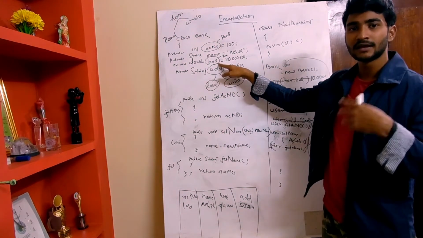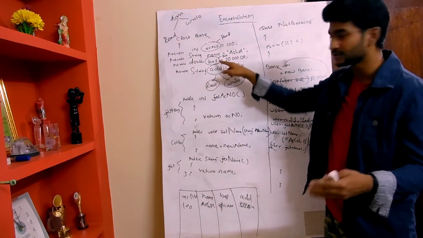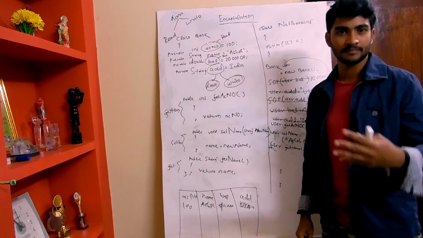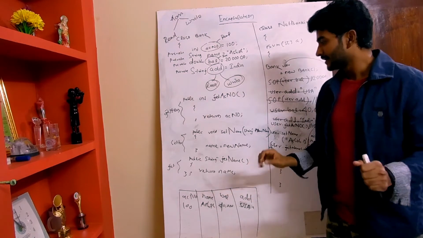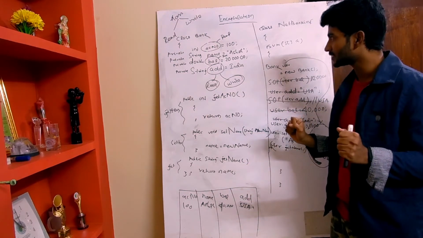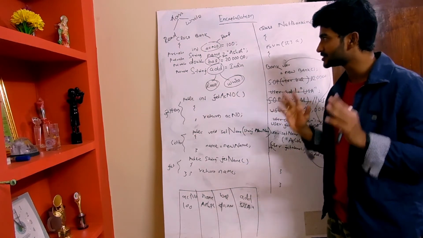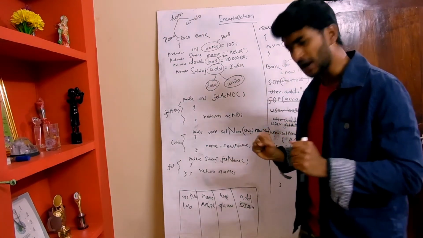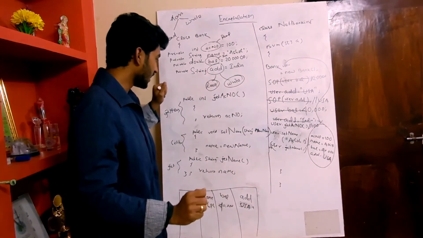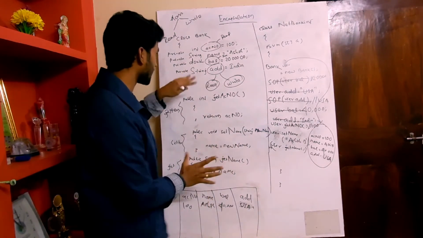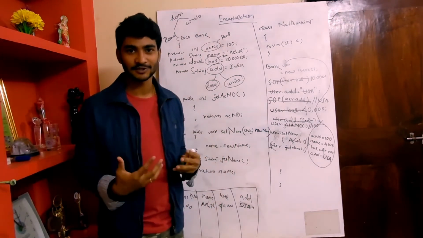If I don't want my customers to modify the balance, then I should not provide the set method for my balance. Simple, right? This is somewhat the concept of encapsulation, and it is just providing security to my application.